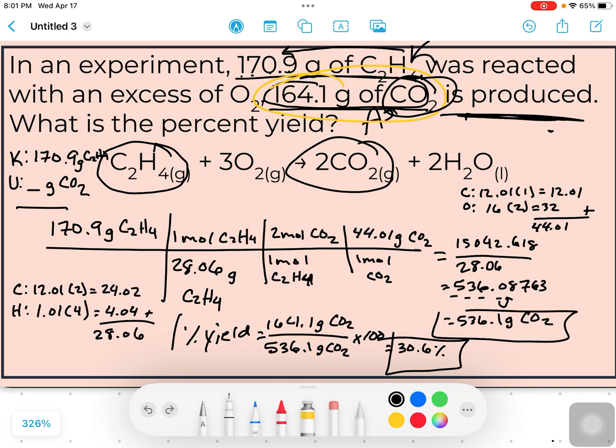And that won't be used till the very end for just this section only. Then you use the other number as your known. Make sure your unknown matches your actual's units, and then solve per usual, and then go from there. Most of these, 99%, are going to be mass-to-mass problems. So we should know how to solve for molar mass and all that by now.